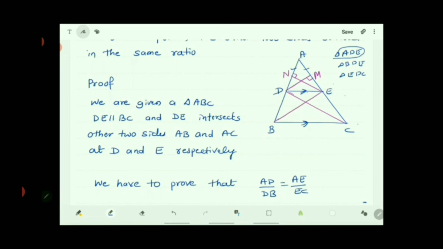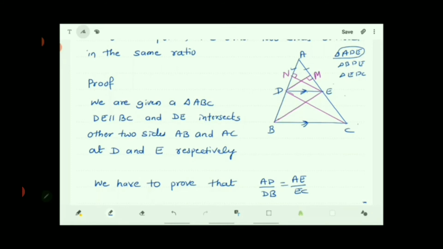If you consider the height DM, then you have to take the base AE. So area of the triangle ADE is equal to half into AD into EN or half into AE into DM. Both the formulas are here.